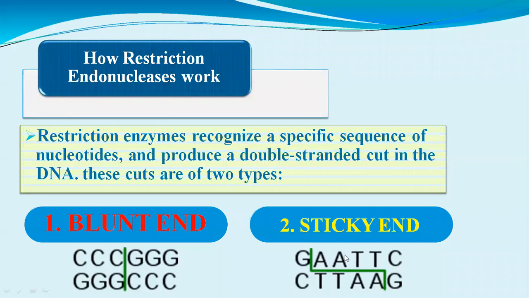Yesterday I also told you about the same. Sticky ends produce some nucleotides hanging there, whereas a blunt cut will not have any overhanging nucleotides. So in these two ways, restriction endonuclease enzymes can work: they can produce a blunt end, or they can produce a sticky end.